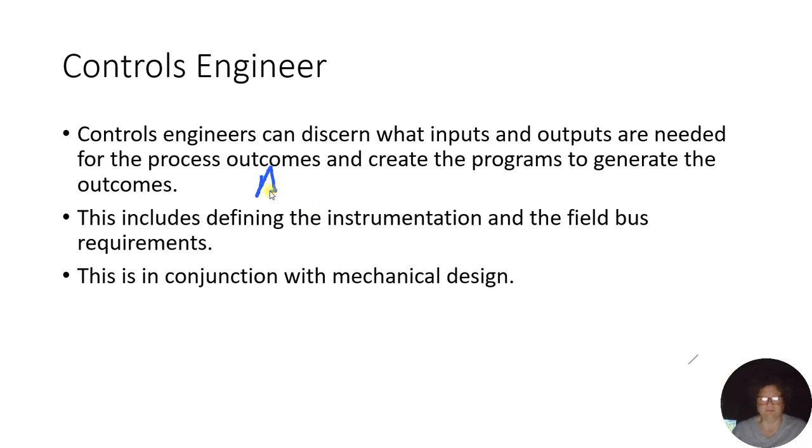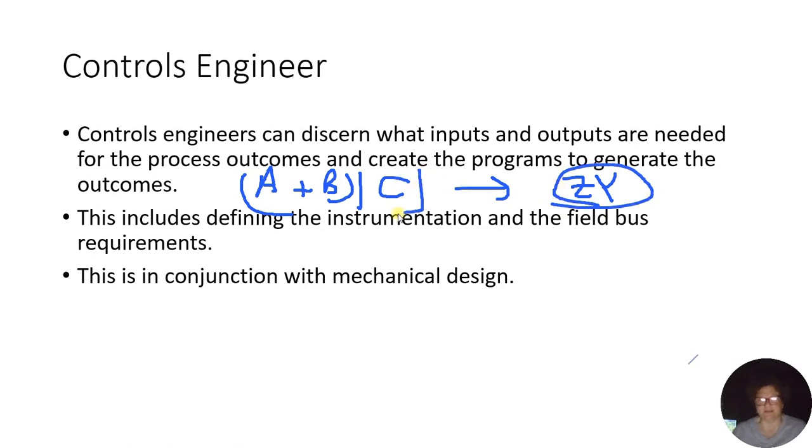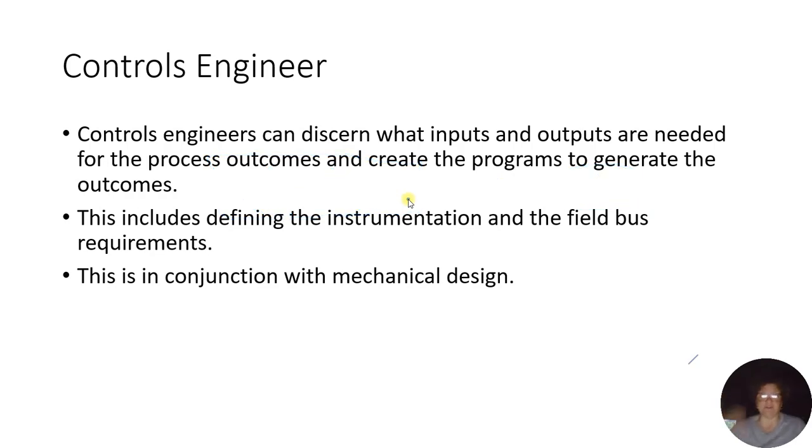So input A plus B divided by C causes ZY, whatever you want this to be, has a set amount of actions or a set state that you are looking for to turn on that motor or turn on the light or e-stop, etc.